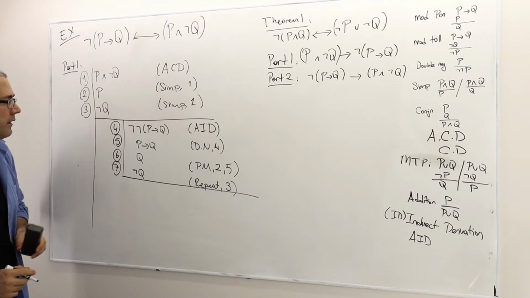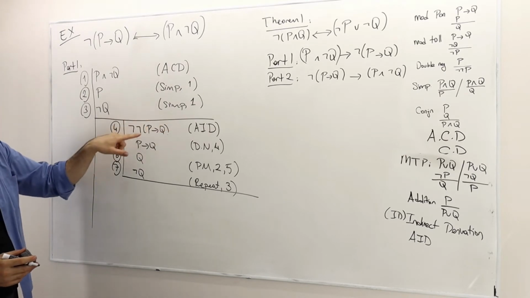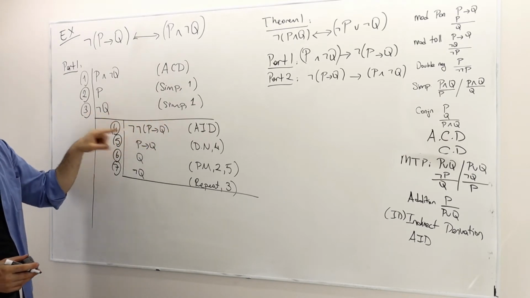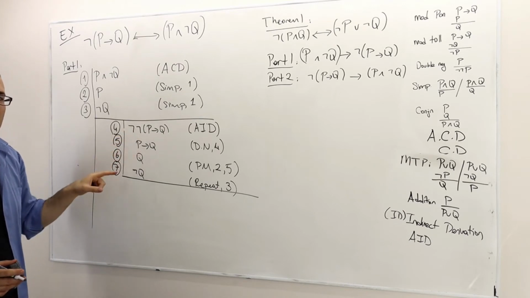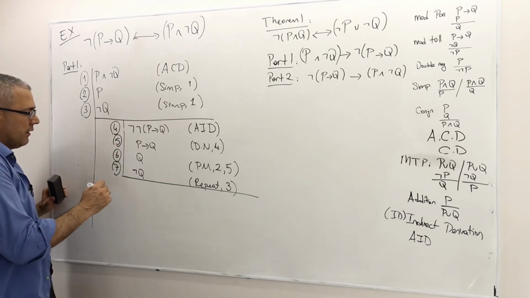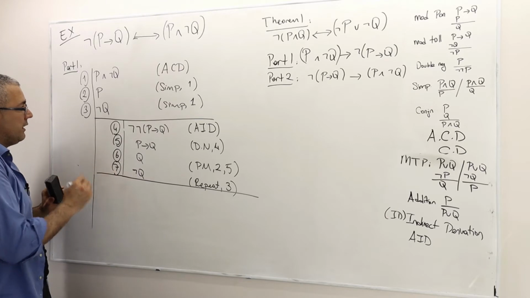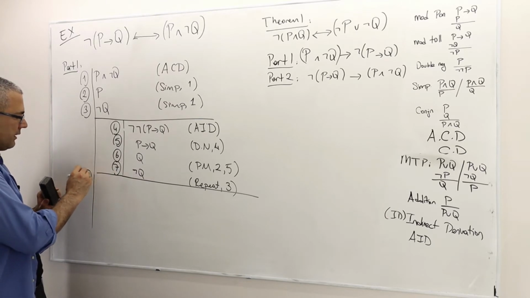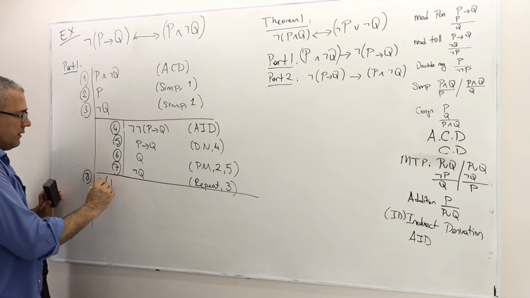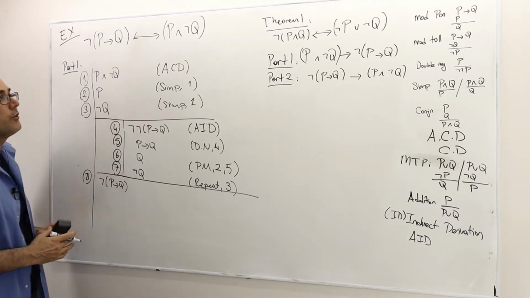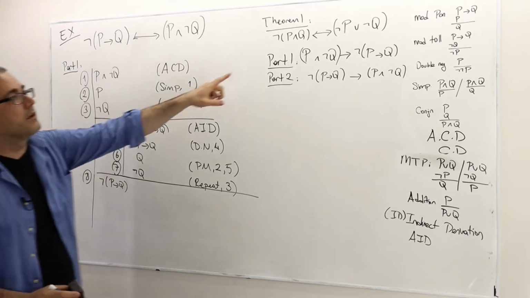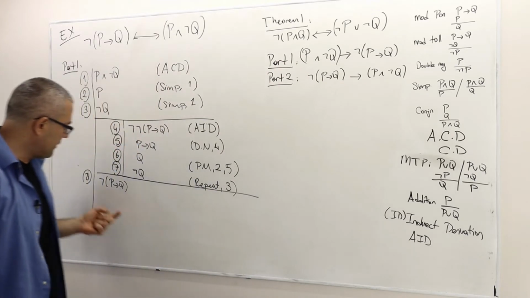So that's it. So this assumption cannot be true. Therefore, its negation must be true, which means in line 8, not P implies Q is true, which is my conclusion. Not P implies Q must be true.